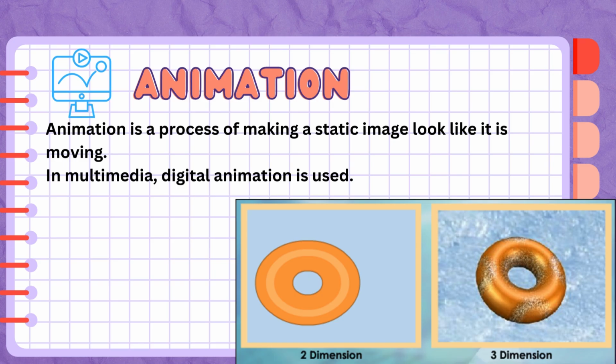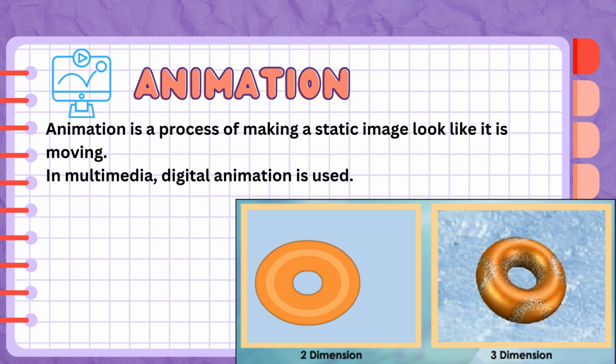Next, we have the animation. Animation is a process of making a static image look like it is moving. In multimedia, digital animation is used. Digital animation can be categorized into two broad areas: 2D, or two-dimension, and 3D, or three-dimension animations.